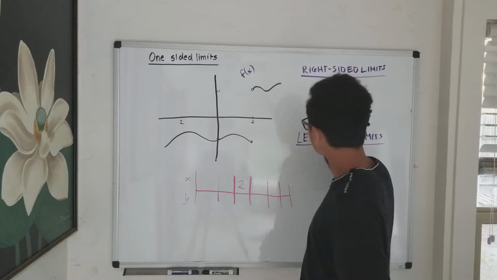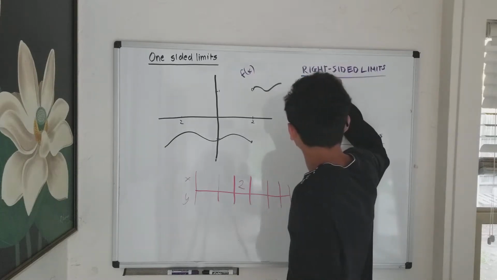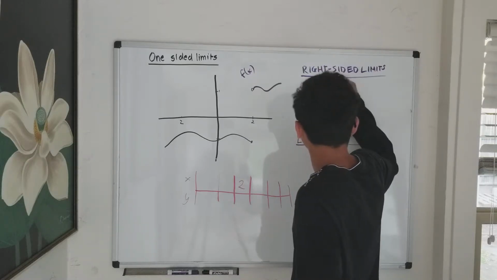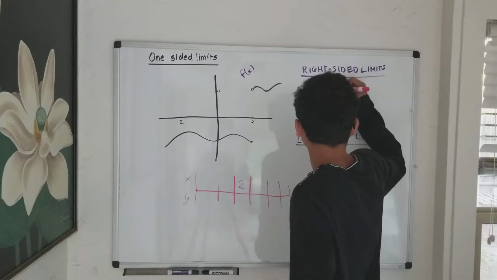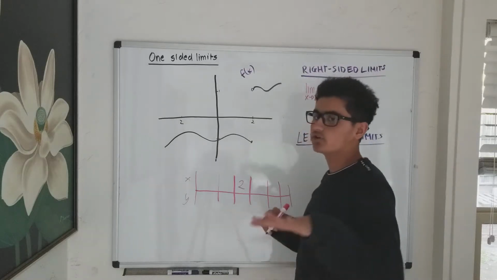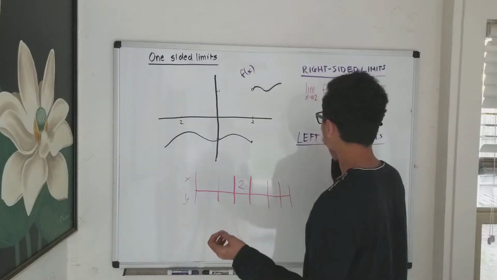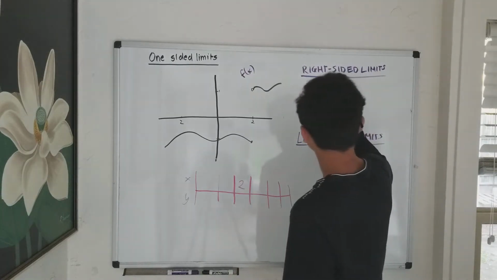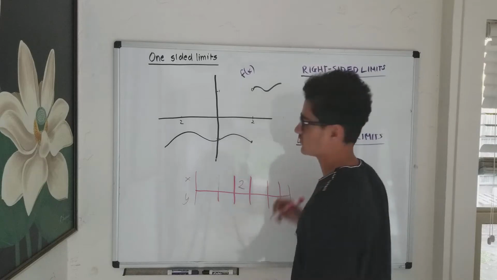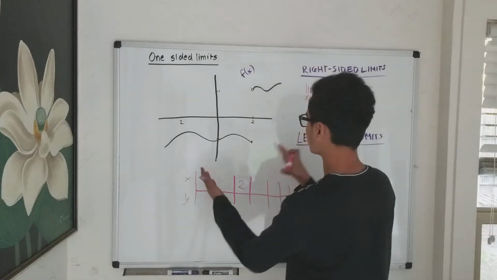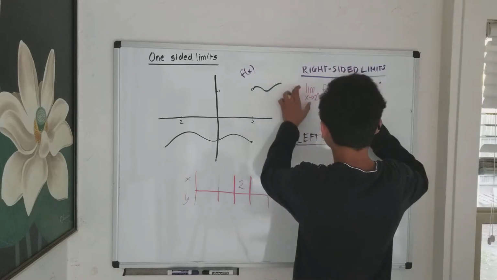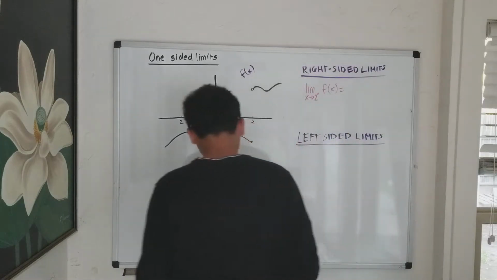Very simple, you just add a little subscript over the 2, an addition sign, obviously meaning the positive side of the graph. The positive side is the right. So that is how you write a right-sided limit.